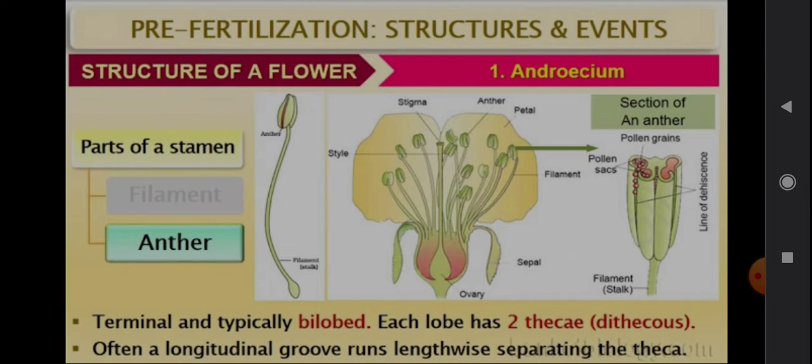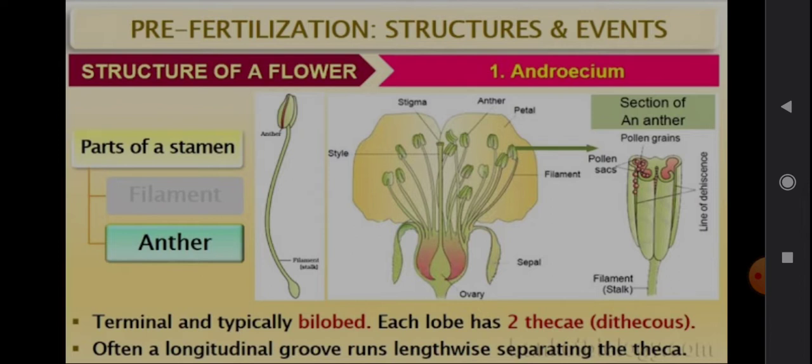On the right, you can see the portion, children. The anther has been cut horizontally. Often a longitudinal groove runs lengthwise, separating the theca. So between them there is a groove running between the two theca.